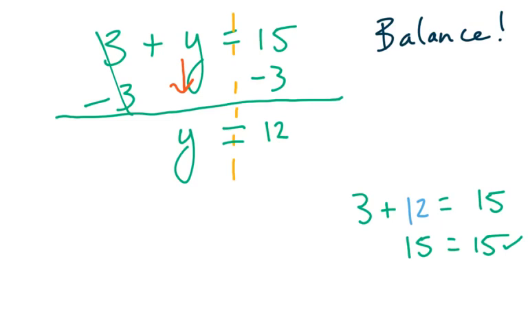Let's do another example. Let's do a subtraction one. Let's do an easy subtraction one, and then a harder one. So let's use x again. x minus 10 equals, let's do a decimal, 11.5.